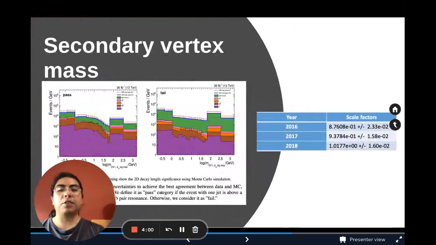The study considered fat jets with a pT greater than 160 GeV and eta less than 2.4.